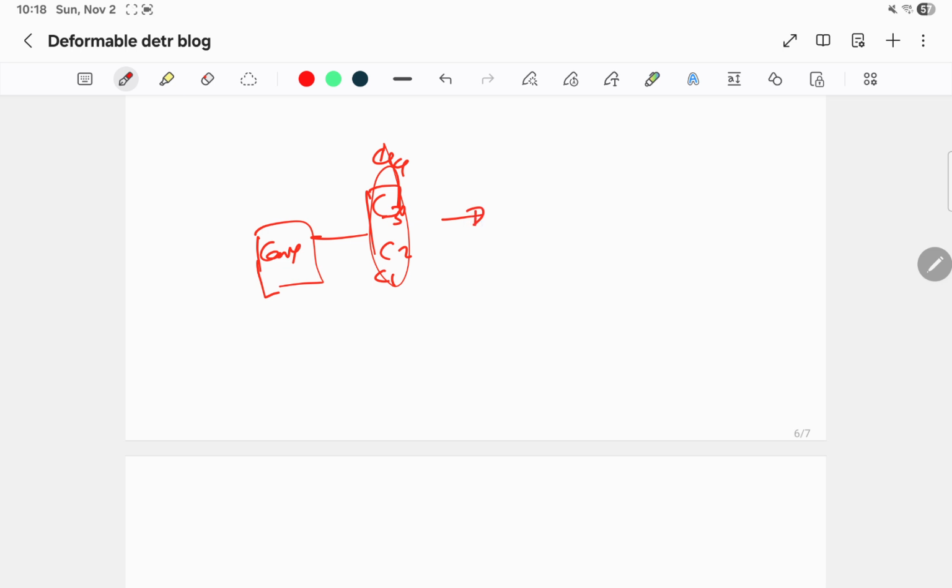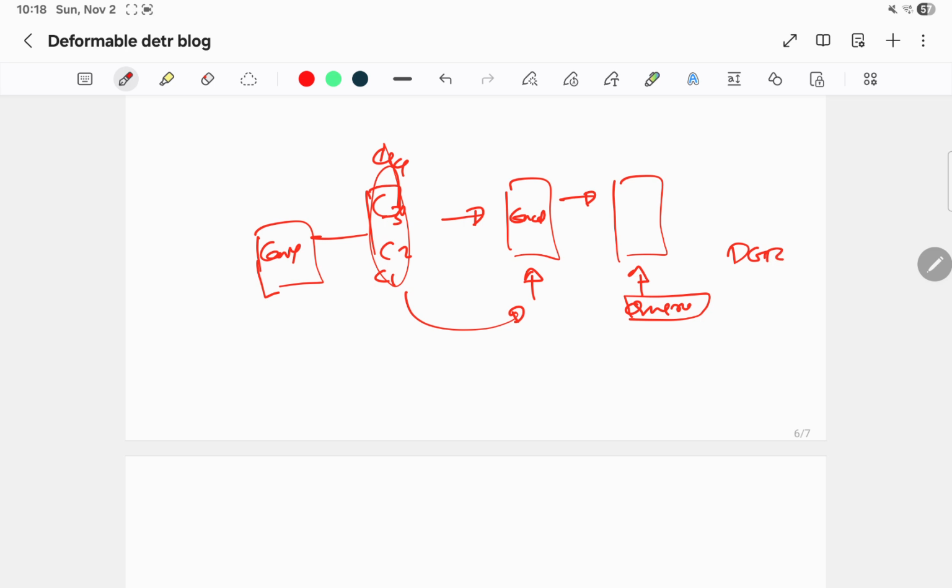Then we will flatten them, and these features will be passed through the encoder, and there will be learnable queries similar to what was happening in DETR, and there will be cross attention happening, and the training is also similar to how it was in DETR.